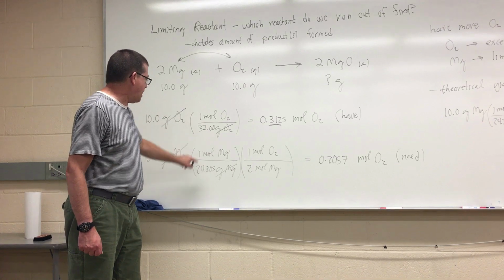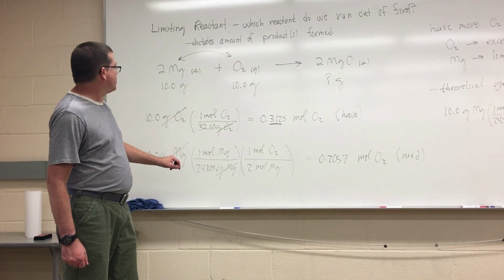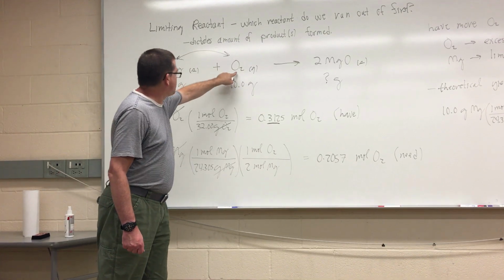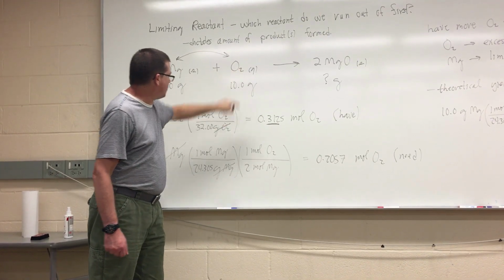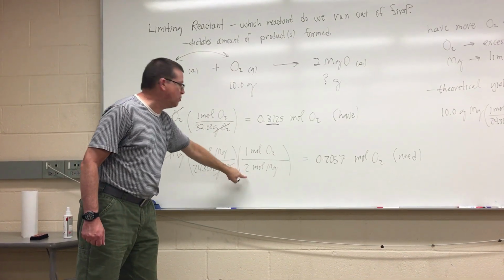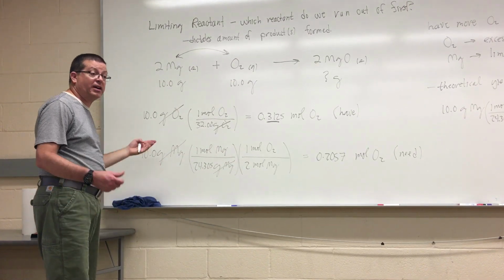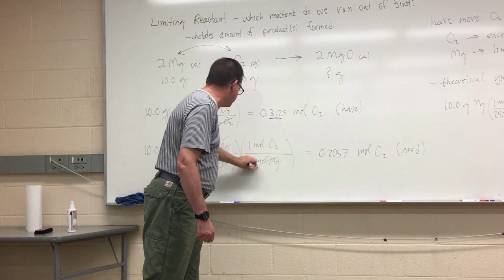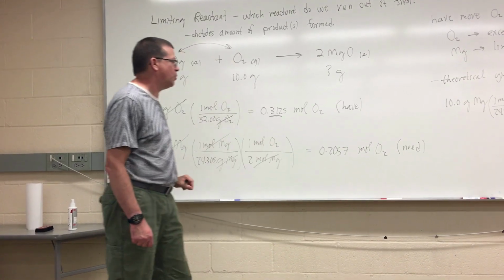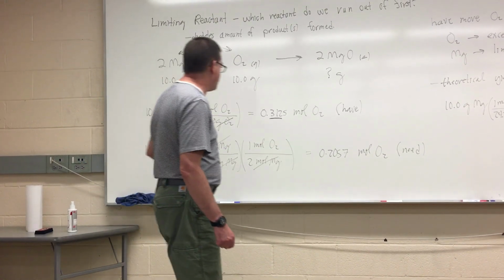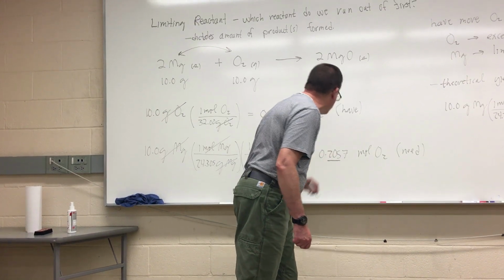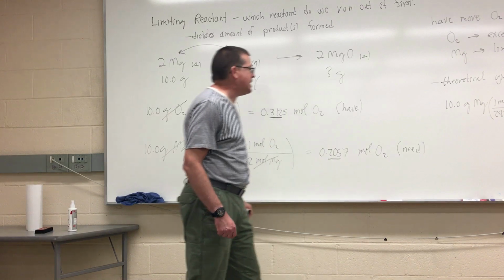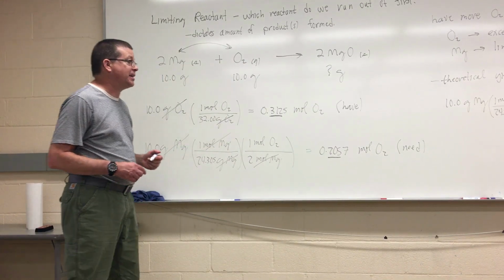In my balanced equation, for every 2 moles of magnesium, I need 1 mole of oxygen, hence the 1 to 2 mole ratio, which comes directly from our mole bridge. Moles of magnesium cancel with moles of magnesium, and I'm left with moles of oxygen. To 3 sig figs, that's 0.205. This is the number of moles of oxygen I need to use up all of the magnesium.